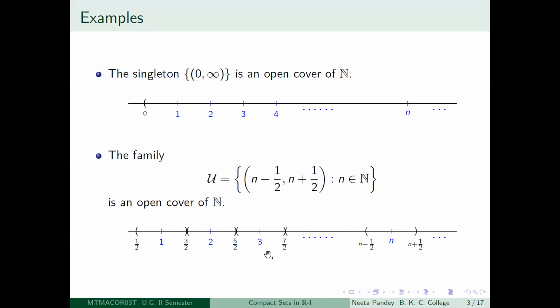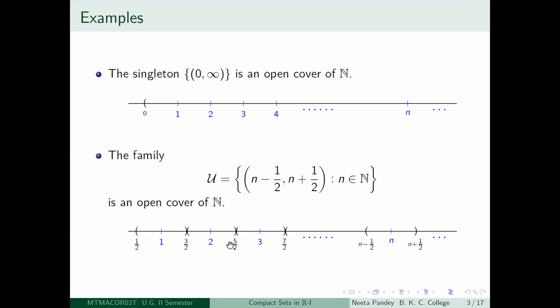Similarly, for n equal to 3, you will get 3 minus half, which is 2.5, so that is 5 by 2, and 3 plus half, so that is 7 by 2, and so on. So you get these open intervals. They are all disjoint. Notice 3 by 2 does not belong to the open interval half to 3 by 2, and 3 by 2 also does not belong to the open interval 3 by 2 to 5 by 2.